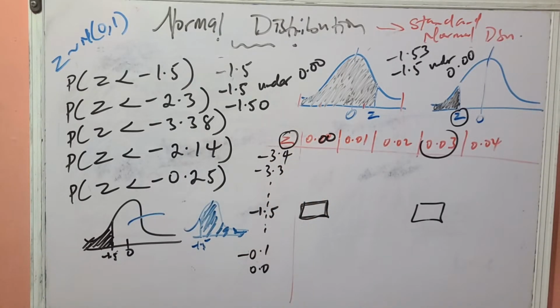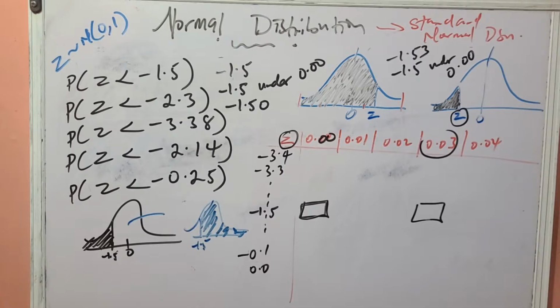So I'm just going to be reading minus 1.5 under 0.00. All right, under 0.00. So now, guys, go into your table and read what is the value of minus 1.5 using your negative normal curve table. Go and read minus 1.5 under 0.00.